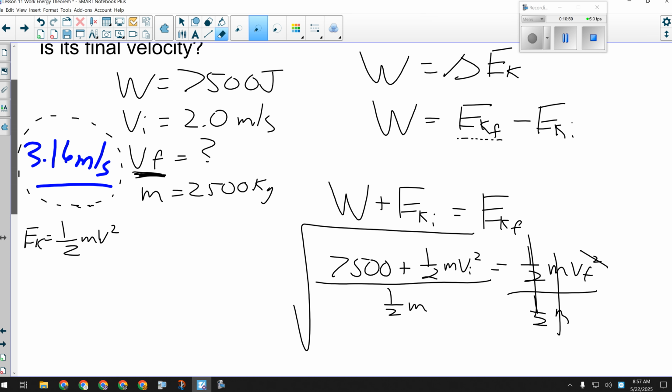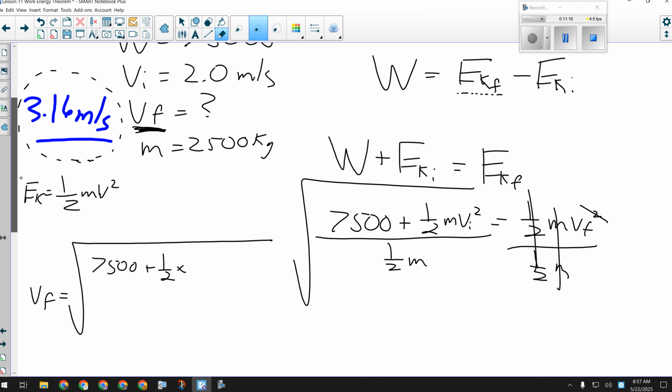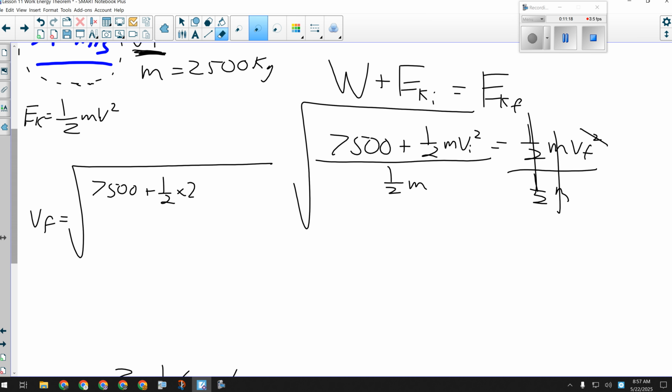All right, so now I can plug in the rest of my numbers. VF is going to equal the square root of 7,500 plus 1/2 times 2,500 times 2 squared, divided by 1/2 times 2,500.